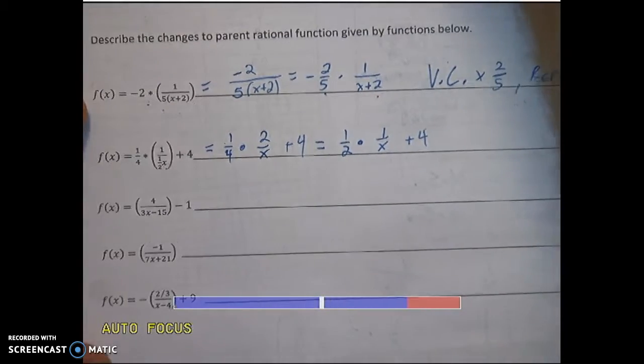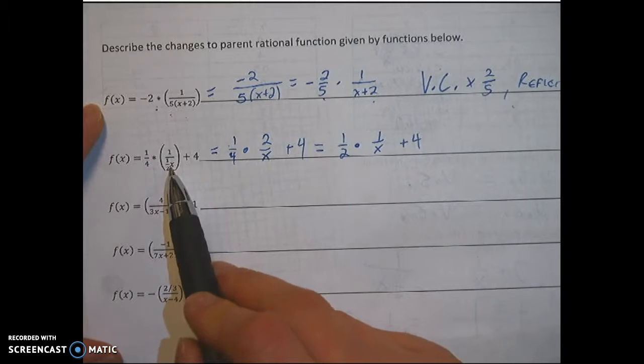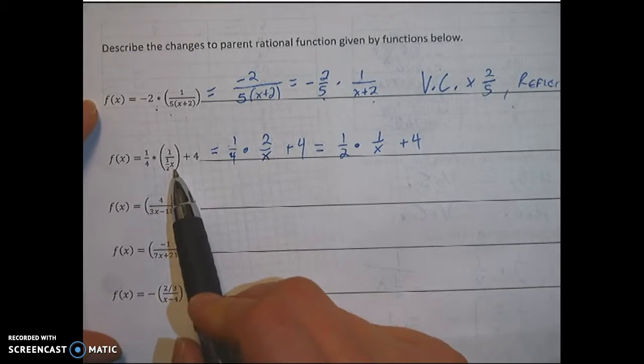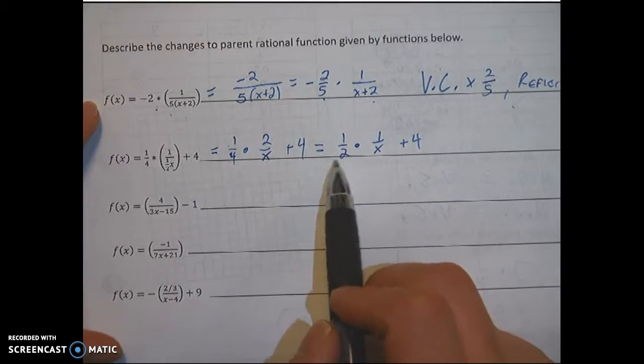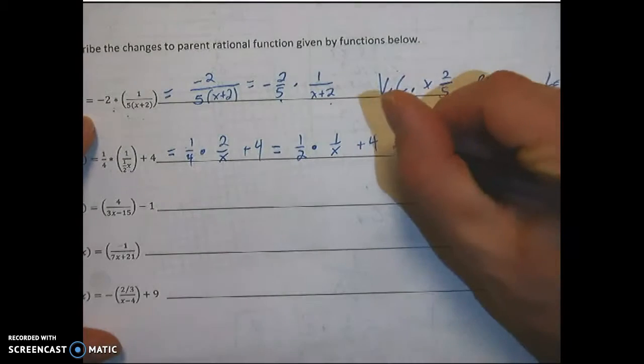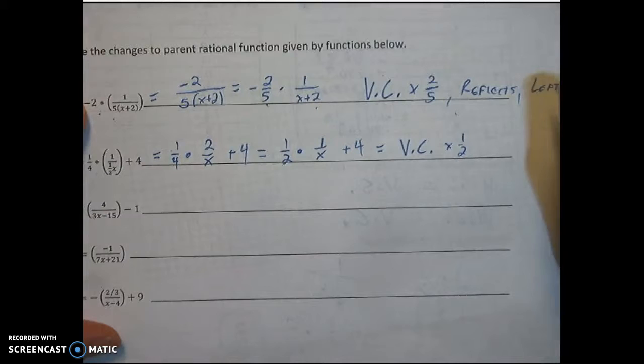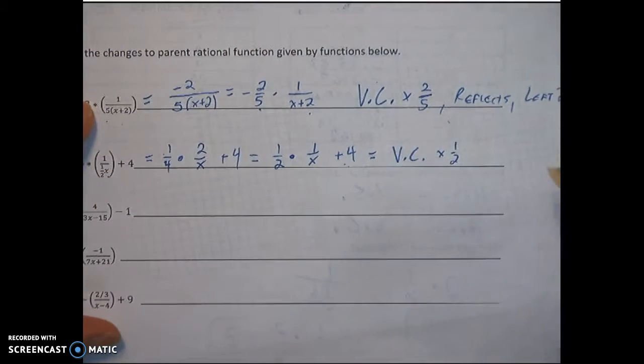So in the original problem here, I had a vertical compression and a horizontal stretch. But when I work out the algebra, I just end up with a vertical compression of 1/2. So that's what I'm going to call it. It's a vertical compression of 1/2, and it goes up 4.